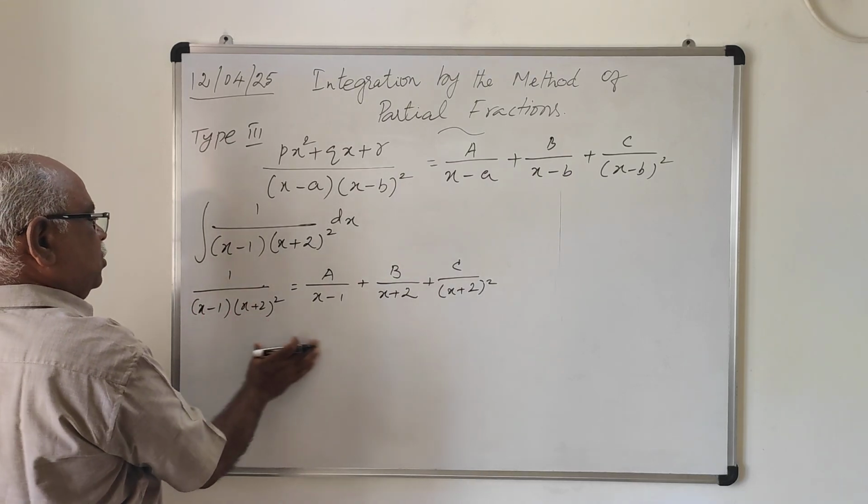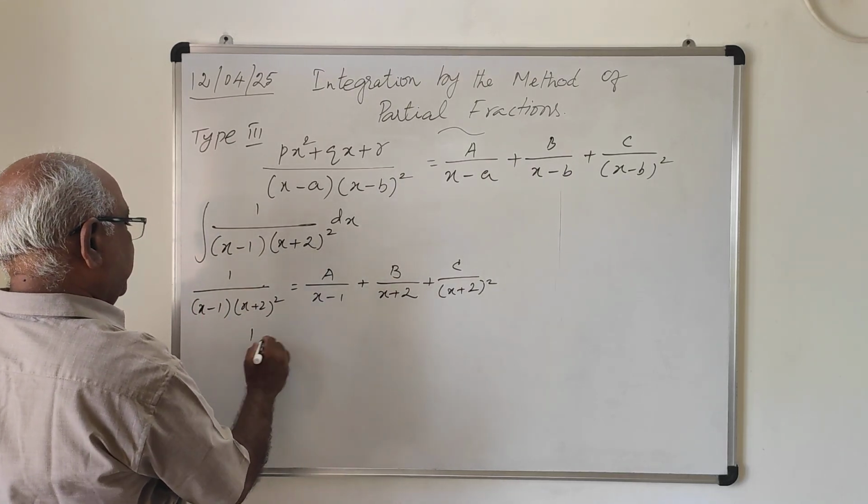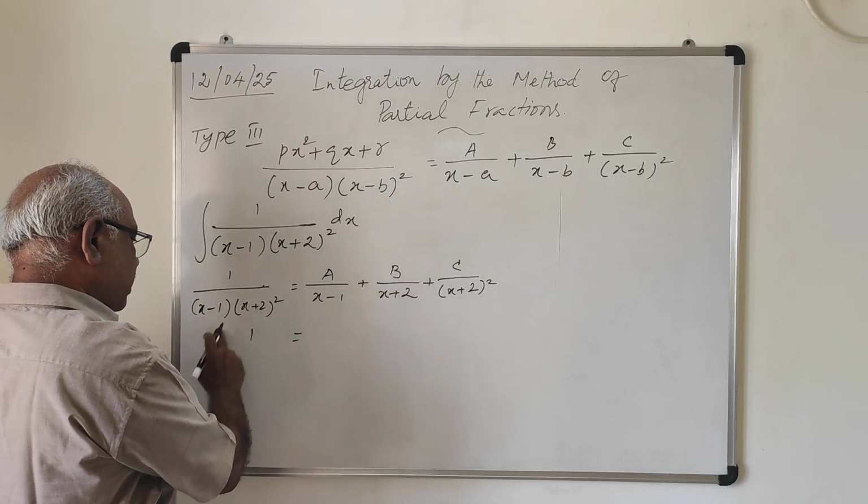Again, multiplying through to clear the denominator on the right hand side, you bring it to the denominator.